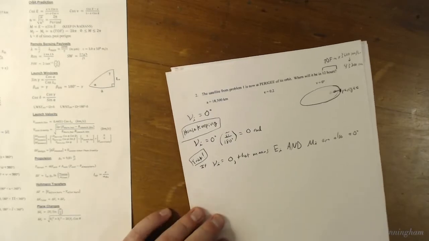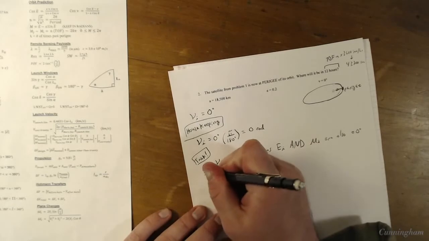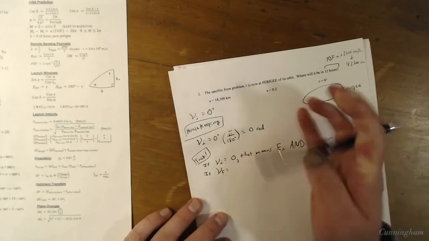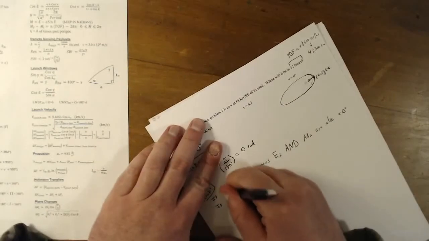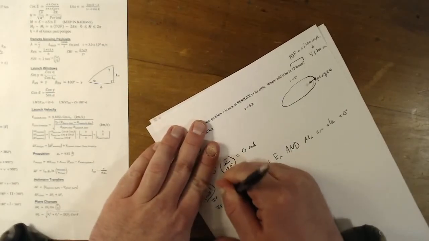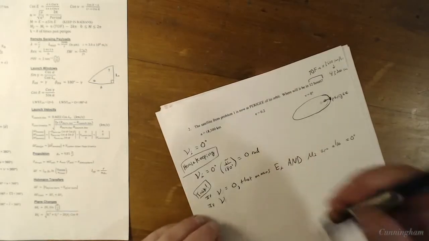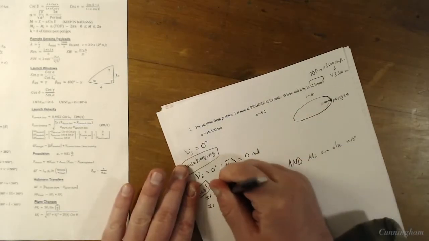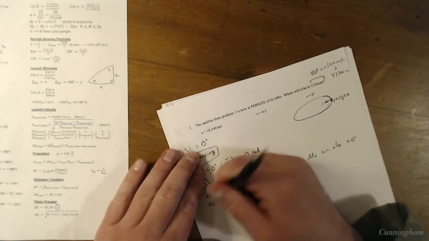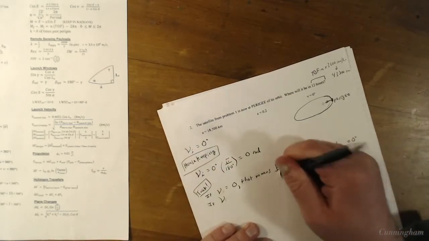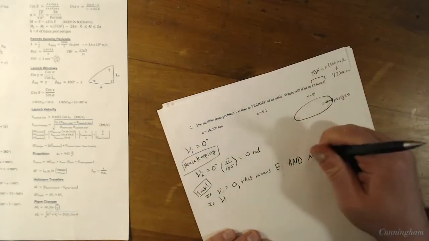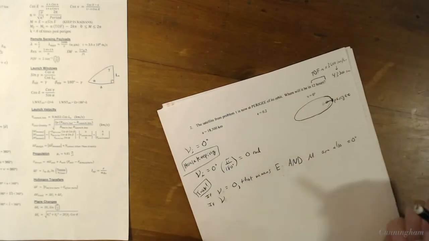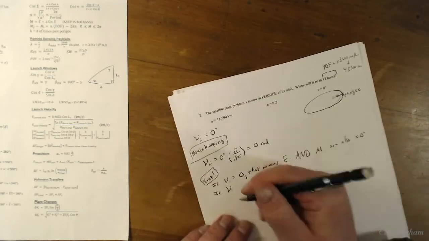So let me finish writing out that rule. True anomaly final. Actually, I shouldn't even use an initial here, because this could be true for final or initial. Basically, if true anomaly is 0, that means the eccentric anomaly and mean anomaly for that time are also 0. Same thing for pi.